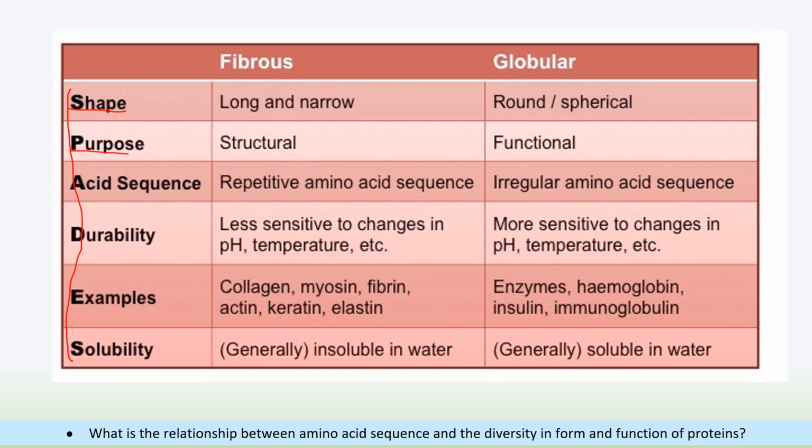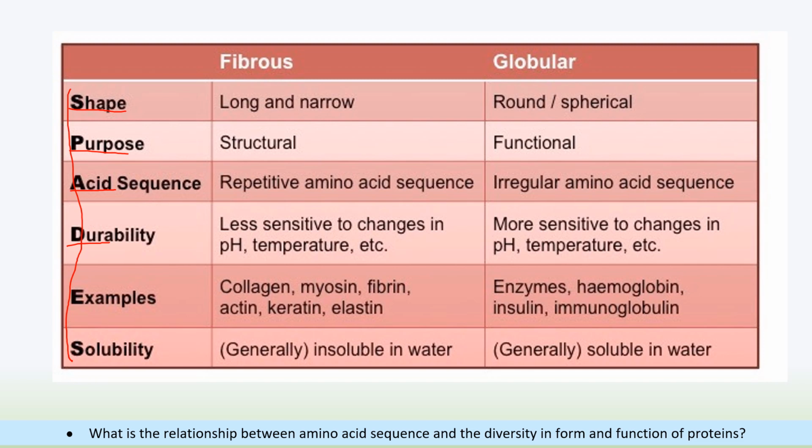Purpose: the fibrous has structural purpose, globular has functional purpose. Amino acid sequence: the repetitive amino acids in fibrous, irregular amino acids, so lots of variety, in globular. Durability: they're less sensitive or more sensitive. You need some examples, and you need to talk about solubility.